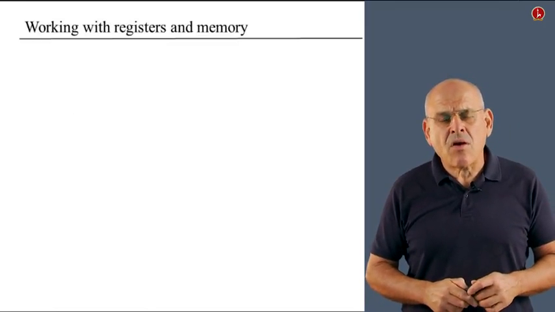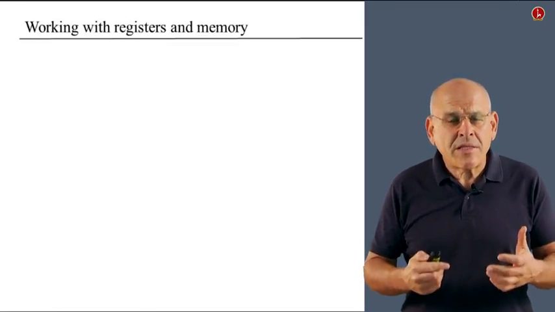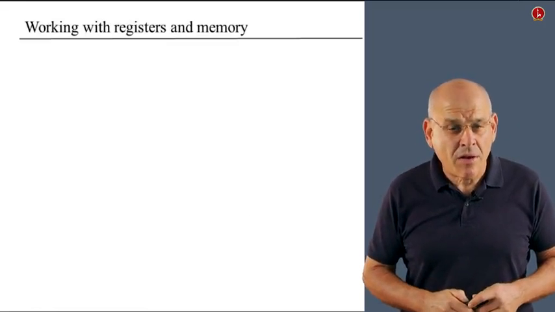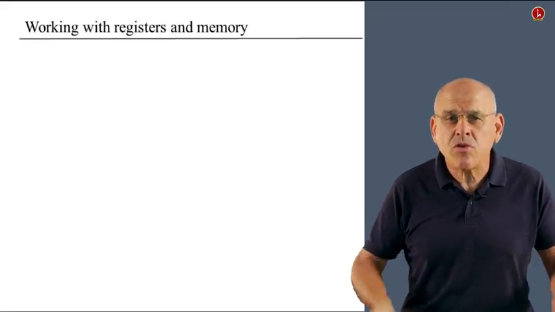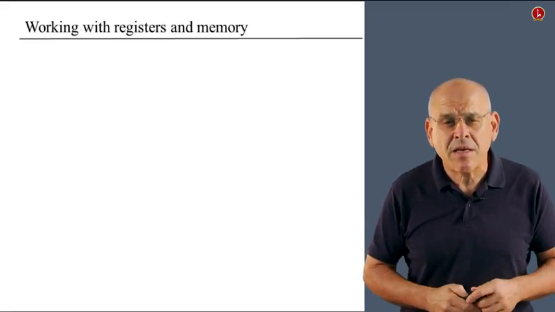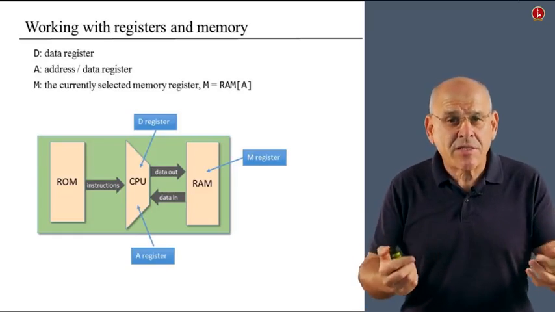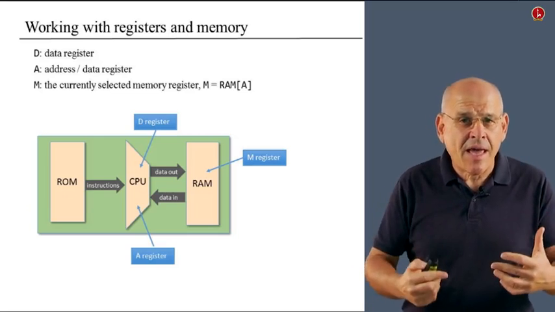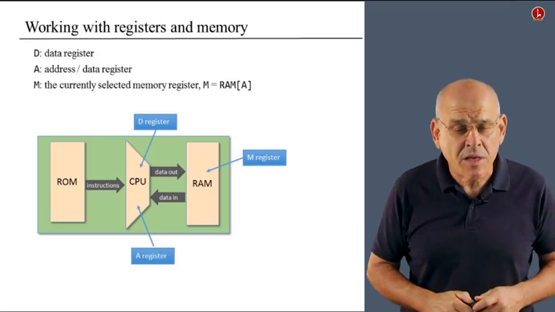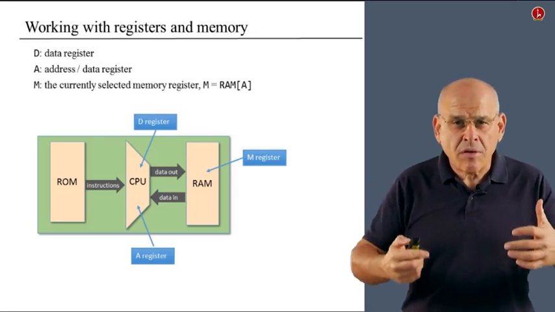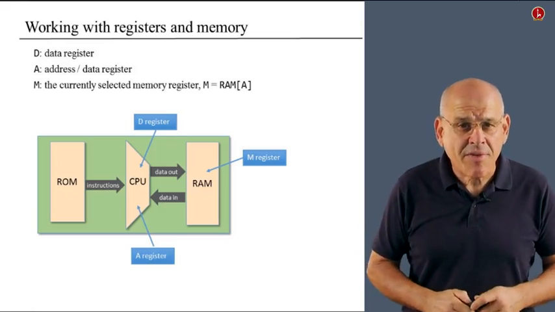All right, so registers and memory is the bread and butter of low-level programs. And that's what you do all the time. You manipulate registers, which are either the 2 standard registers that we have, D and A, which reside inside the CPU. If you recall, the data register can hold a single 16-bit value.